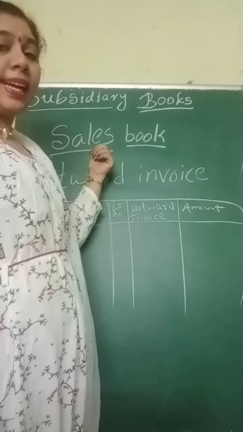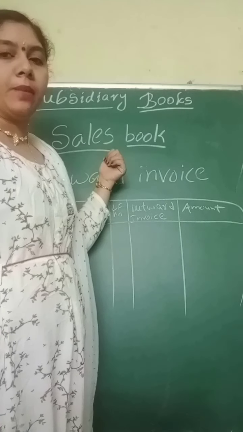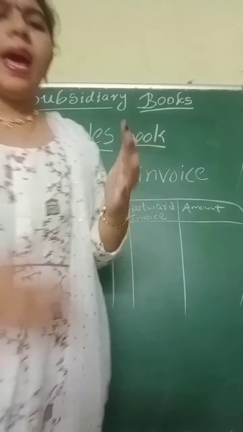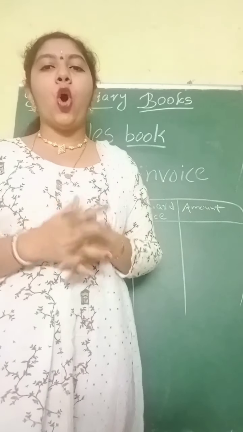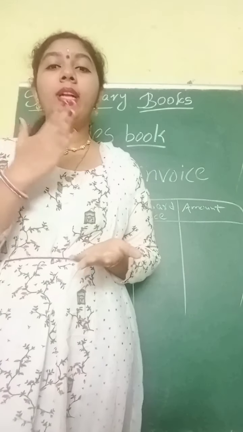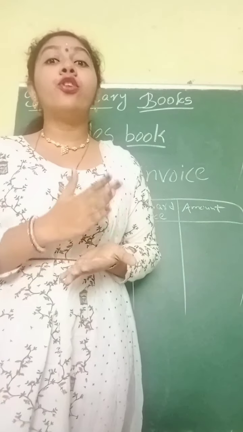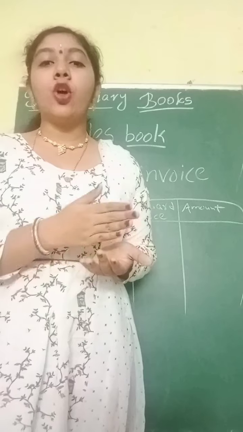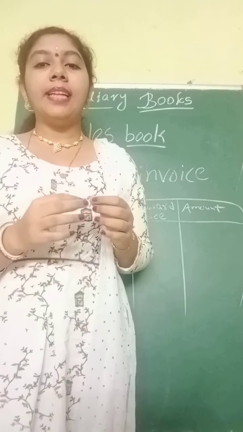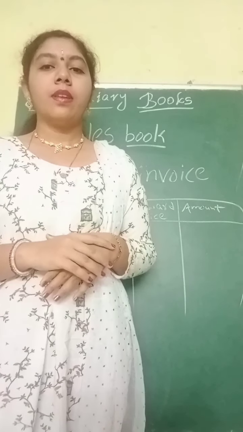This is our second subsidiary book, sales book. It is similar to the purchase book. In the sales book also, we write only the credit sales of goods, not fixed assets.